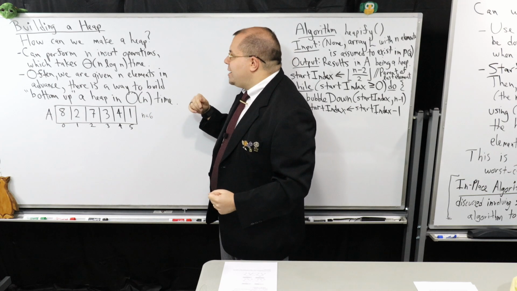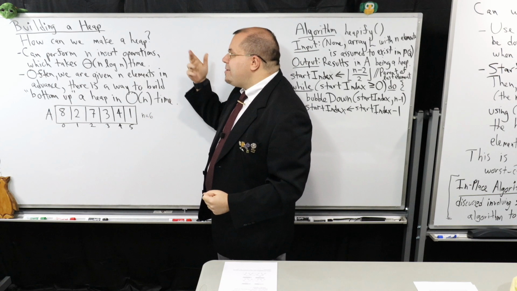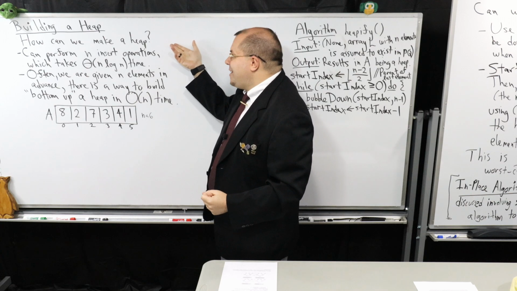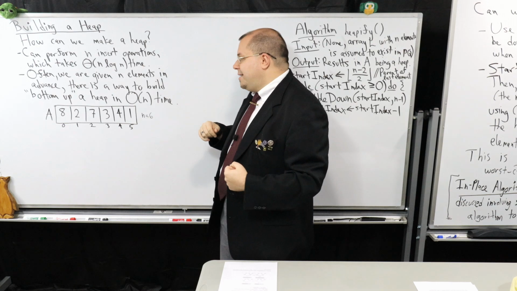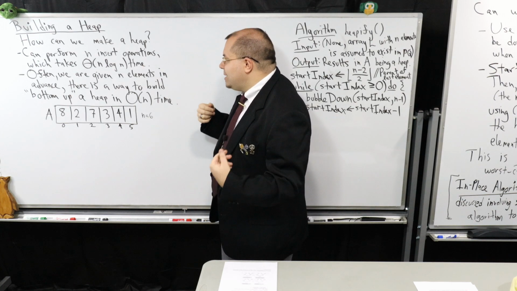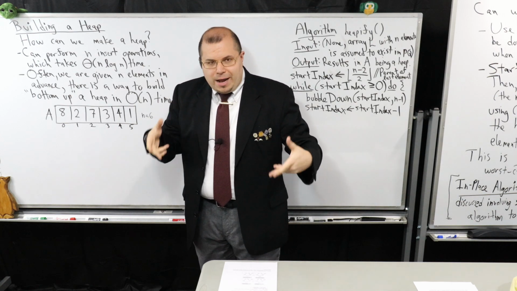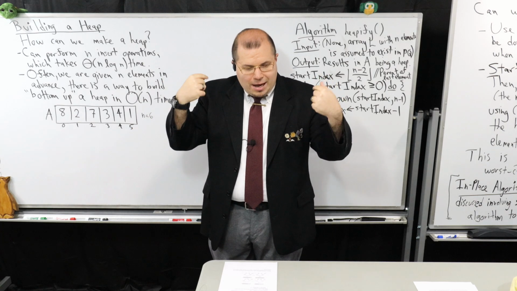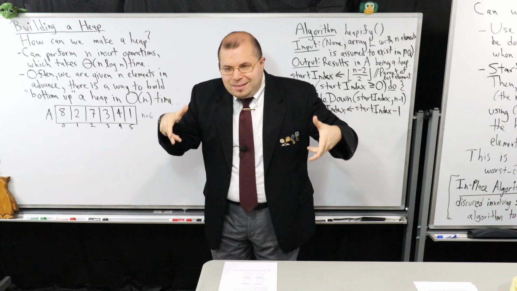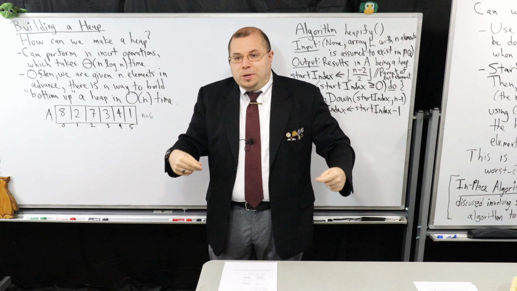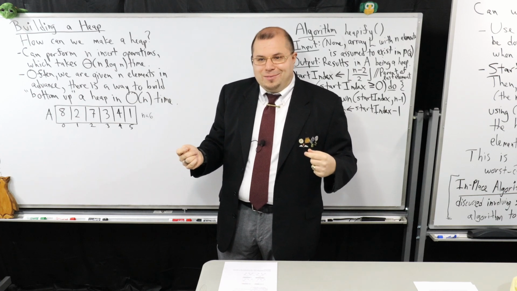Now a great question would be, okay, how can we make a heap? Imagine I gave you an array of length n, so it has n elements in it, and I would like to take that array and create a heap out of it, whether in the array itself or by building another heap out of all those elements.